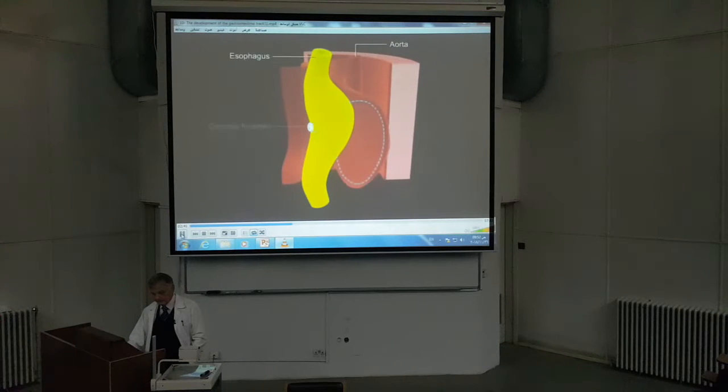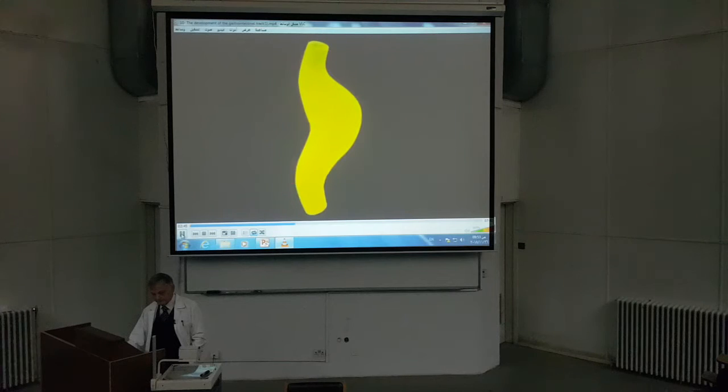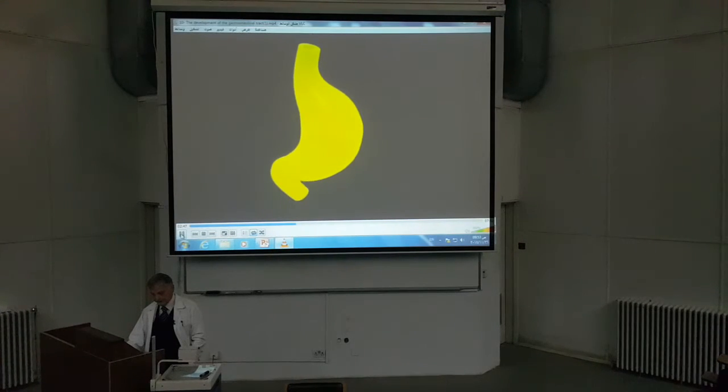Now this is the lesser curvature and this is the greater curvature.